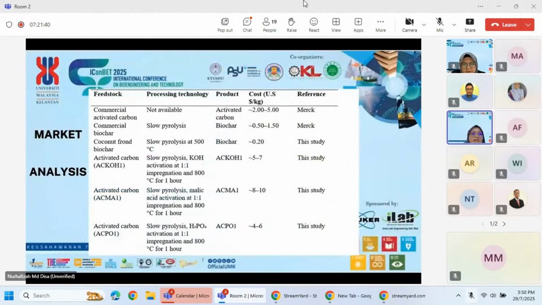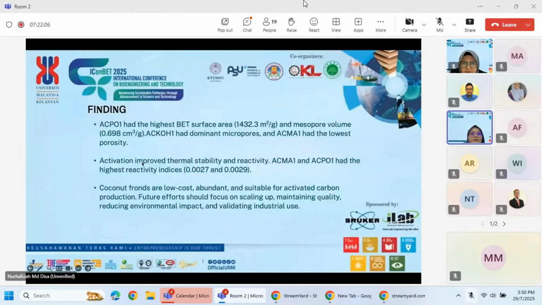This work has presented a low cost, calculated at $0.2 for coconut biochar, as compared to the commercial one, which is sold at between $2 to $5 per kilogram. As a finding, the activation improved thermal stability and reactivity.